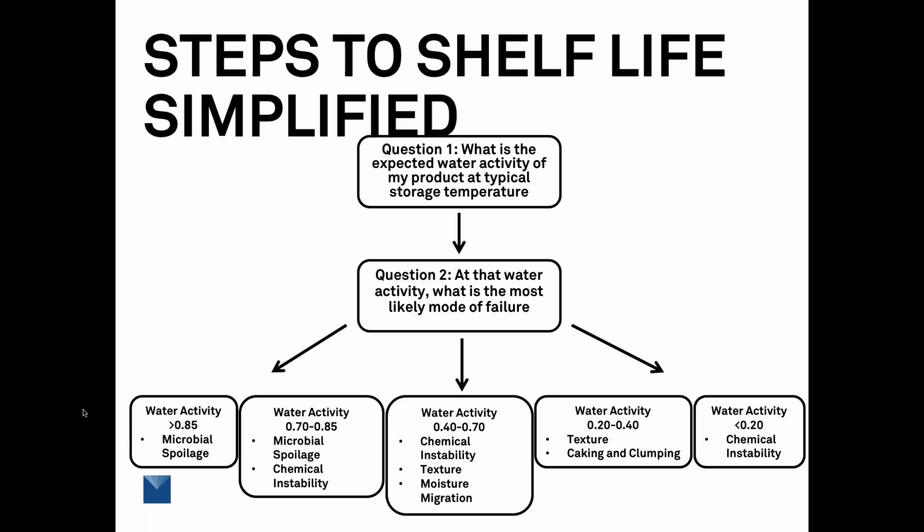You remove a lot of the water and extend the shelf life of the product. But in fact, at very low water activities, chemical instability again becomes an issue, because lipid oxidation in particular increases. If you've got any fats or lipids present in the product, it can be highly susceptible to rancidity at very low water activities.